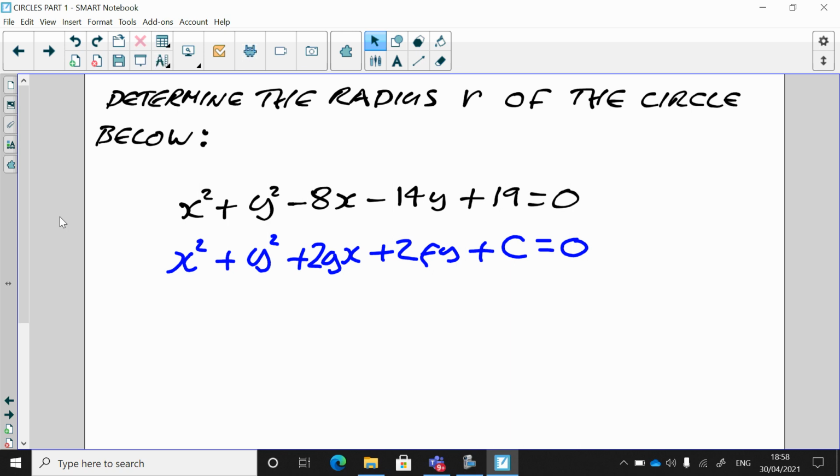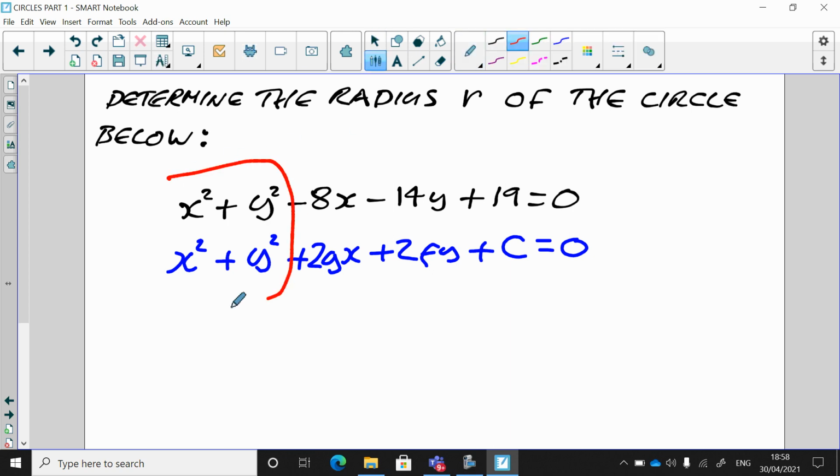X squared plus y squared. Right, so they're the same. Forget about that. You're not interested in x squared plus y squared. If it's a circle, you'll always have them. That's fine. That's okay. Right, so we're just doing a wee comparison here.